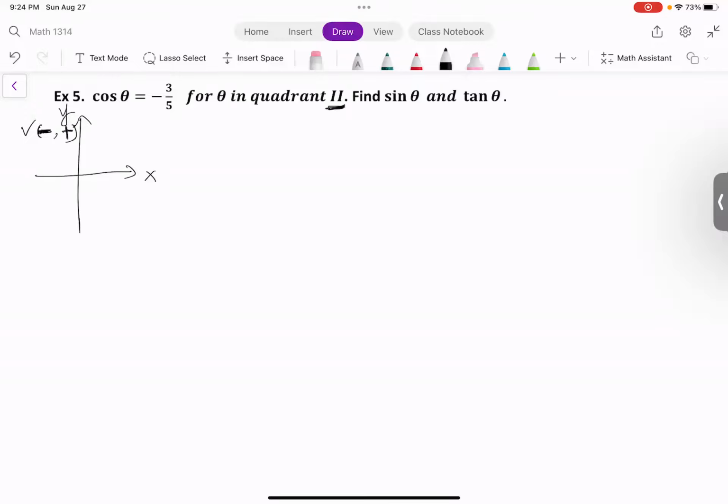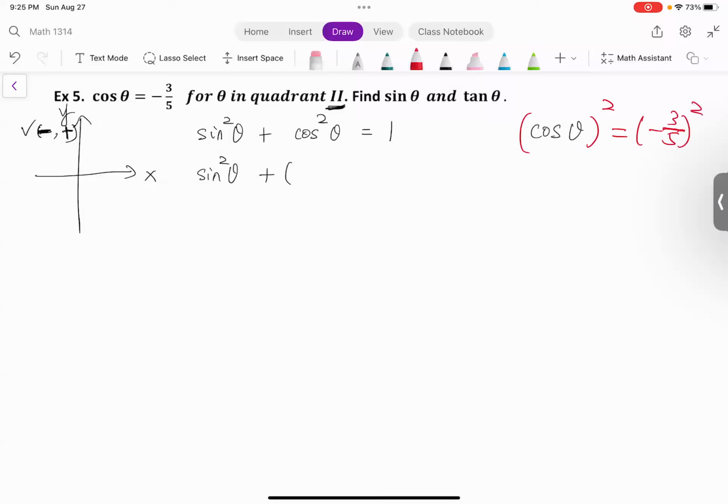For the Pythagorean identity, I have learned that sine theta squared plus cosine theta squared equals 1. So the cosine is given. The meaning of cosine theta squared: we can move the squared outside. That means cosine is -3/5, all of them squared.